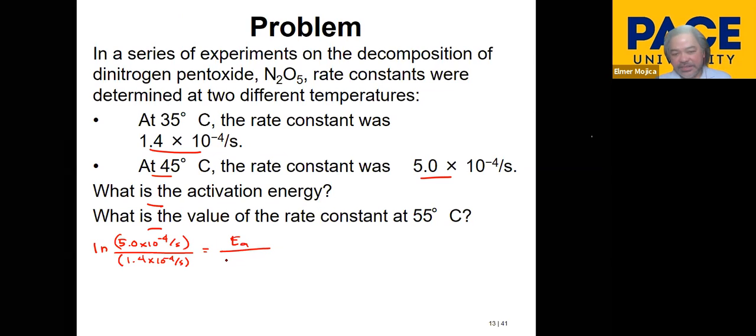And then what's the R value here? It's energy related, so you use 8.314 J per K mole. And then 1 over the temperature. So I have here 1 over 308 Kelvin minus 1 over 318 Kelvin. So what is the answer there that I have for Ea?